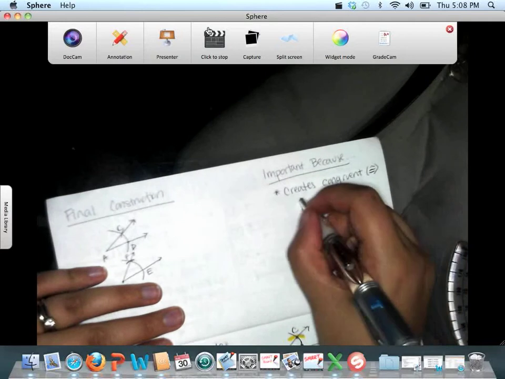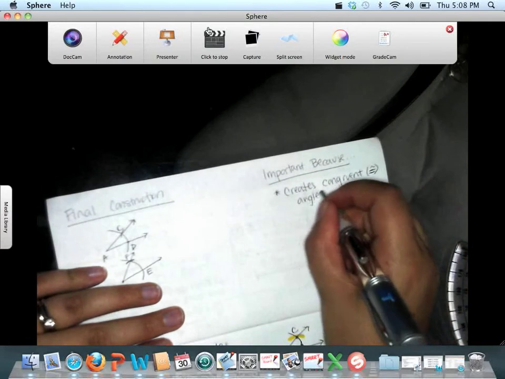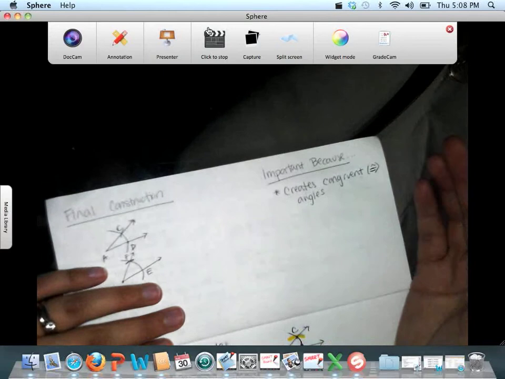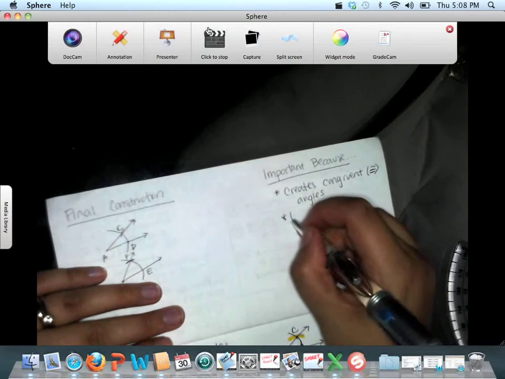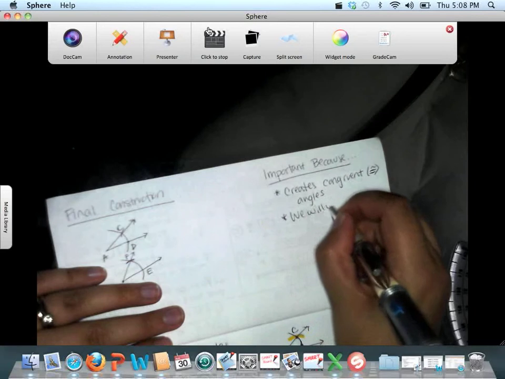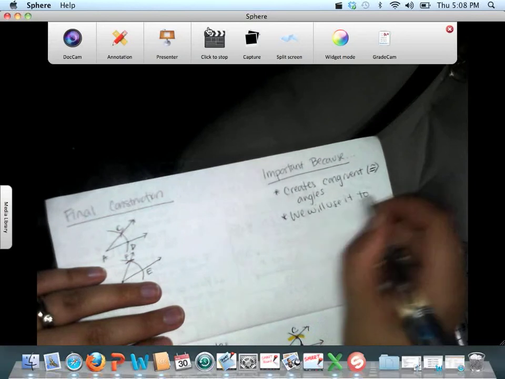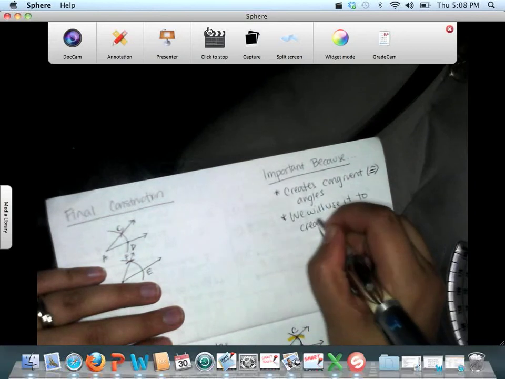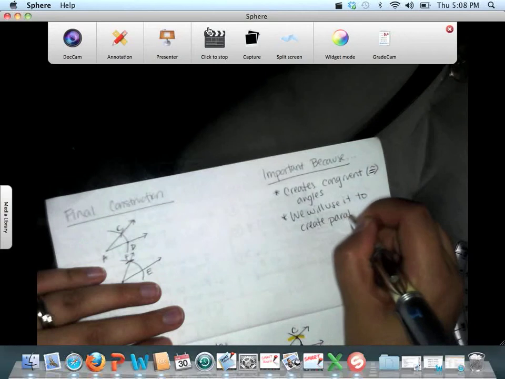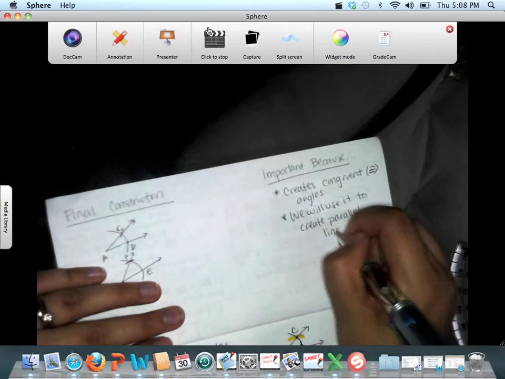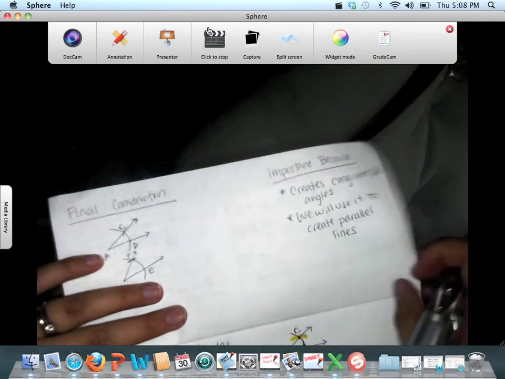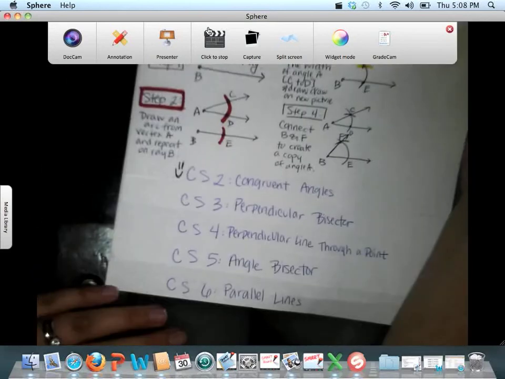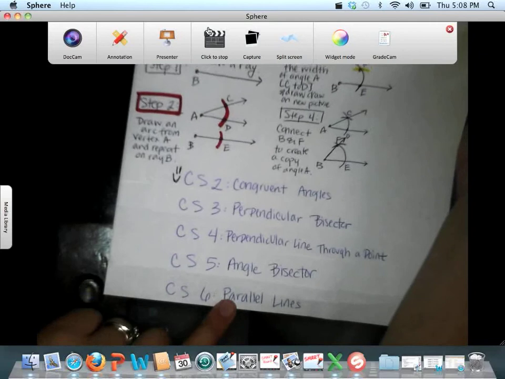Congruent angles means equal angles. It creates two angles that are exactly the same. And we will use it to create parallel lines.